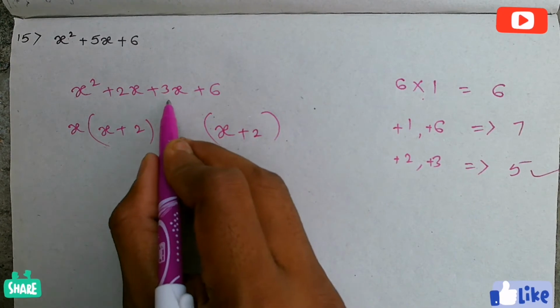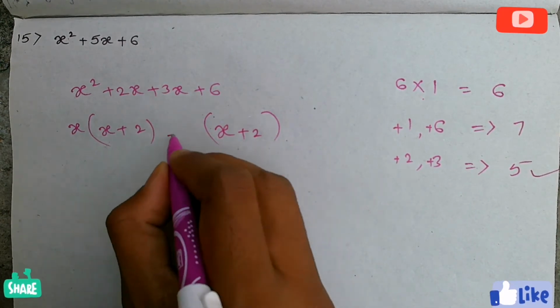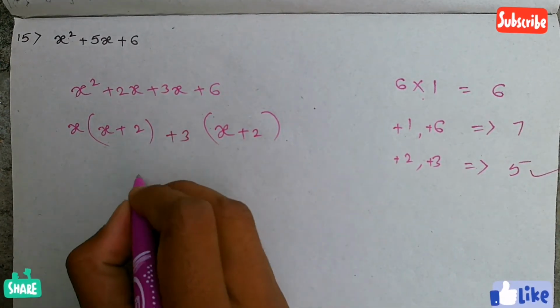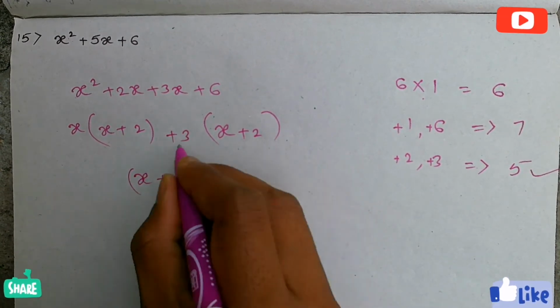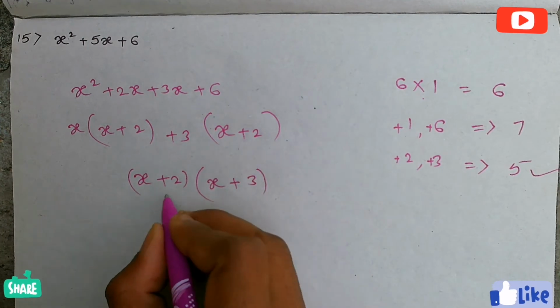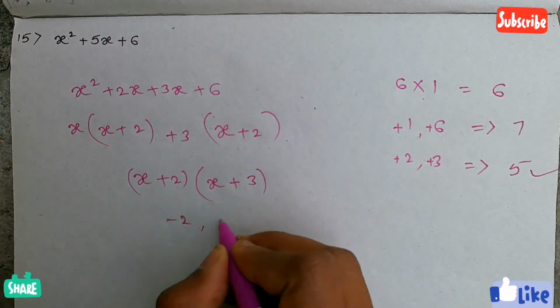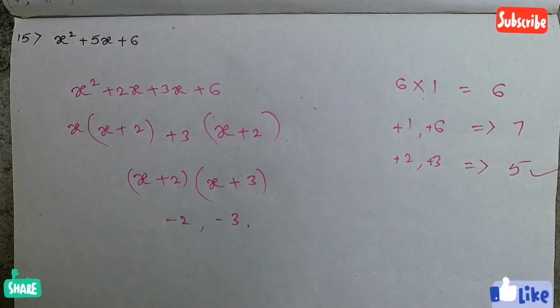Here 3x is the third term, x already taken, so we remain with 3. X plus 2 is there 2 times, so write it once: x plus 2 into x plus 3. Here plus 2 is there, so minus 2, plus 3 is there, so minus 3. So minus 2 and minus 3 are the zeros or roots of the polynomial x square plus 5x plus 6.